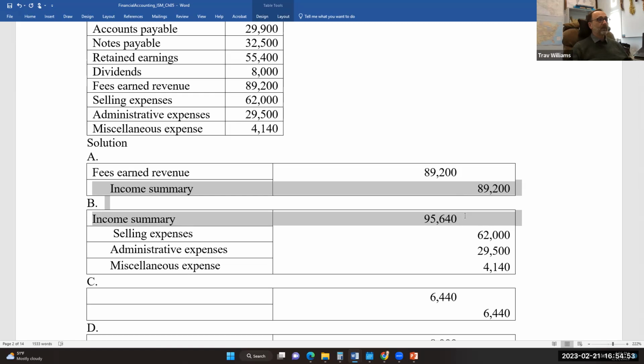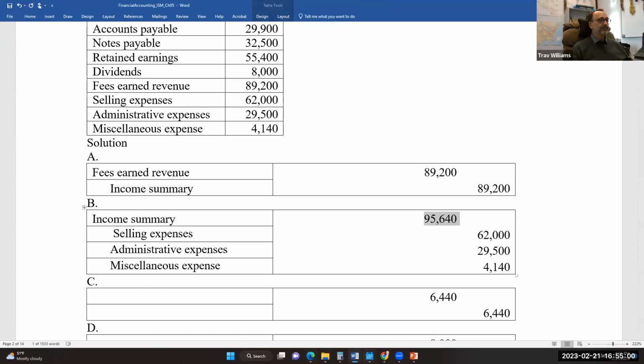So when we look at the balance of our income summary account, we have more on the debit side. So if we take the 95,640 debit to income summary, we subtract the 89,200 credit to income summary. The difference is we still have 6,440 on the debit side in the income summary account.